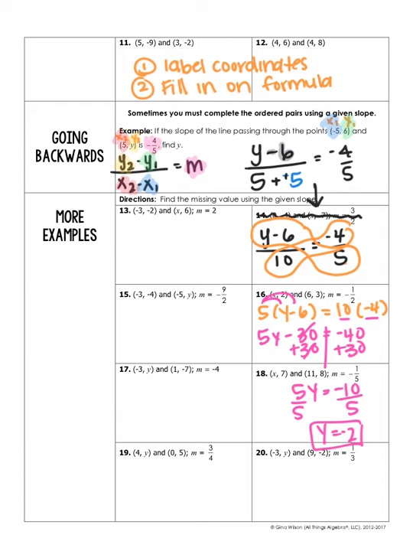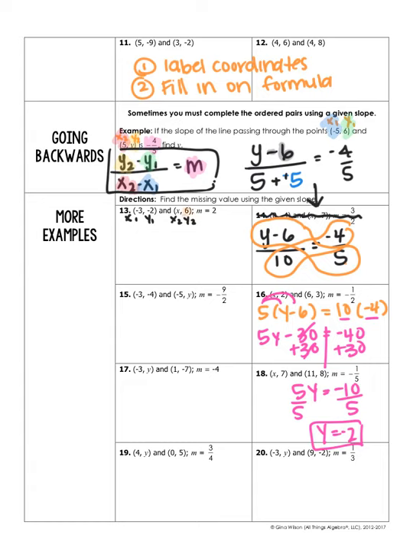All right, so let me do number 13 with you now. So in number 13, again, first start off by labeling. So I have x1 and y1, x2 and y2, and then of course I have my slope. So we're going to plug it into our formula. My y2 is 6, and that's what it wants me to start with.